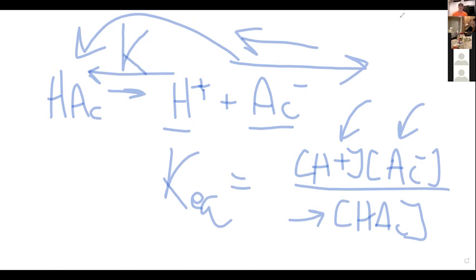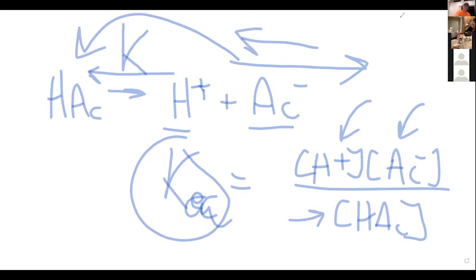In our case, since this is an acid, we call it Ka. The A just stands for acid; Kb stands for base. This number is very, very small.